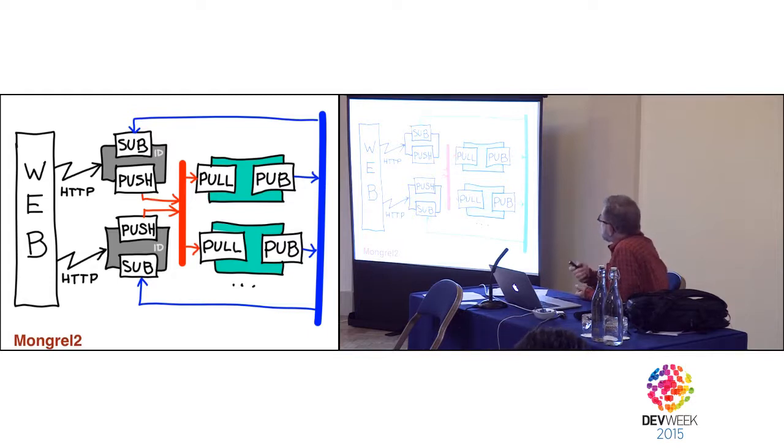What we have here is the problem of how do you build a web front end to a service architecture. Now here, the turquoise squares are services. They're microservices. And the gray squares have one job.